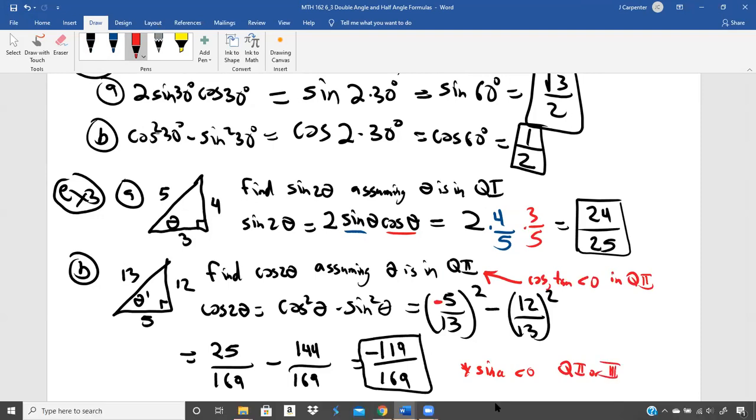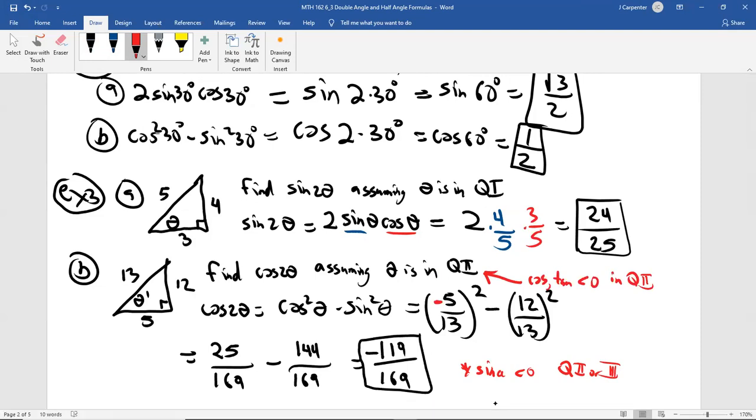Now, if the original angle was in quadrant 2 and we're doubling it, I find it highly unlikely that the doubled angle is going to be in quadrant 2, so it's probably in quadrant 3. But you cannot definitively say that necessarily. I mean, you can, but I'm not going to get into all that.